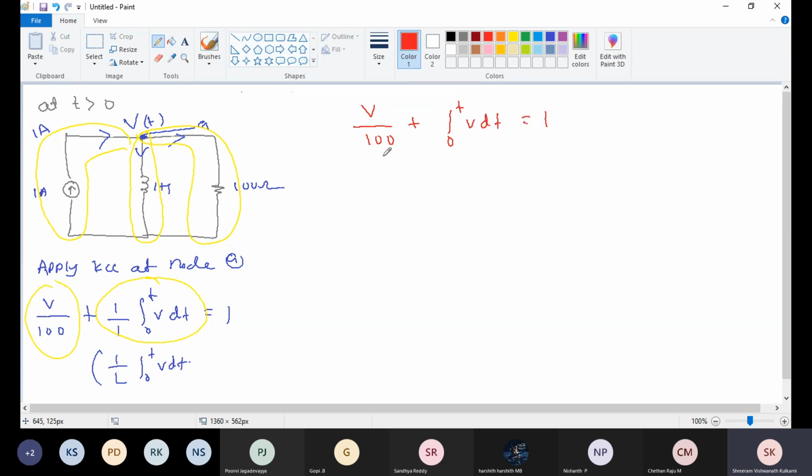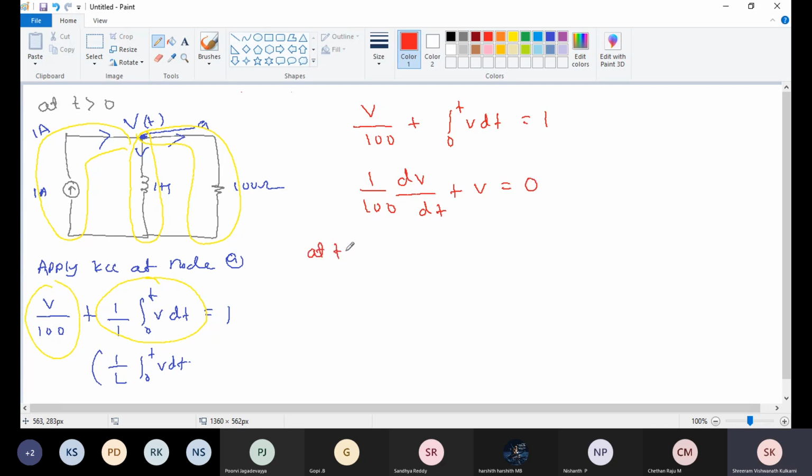Now I am going to differentiate this equation. I get 1 by 100 dV by dt plus V, since differentiating the integral from 0 to t of V dt gives V, equals 0.